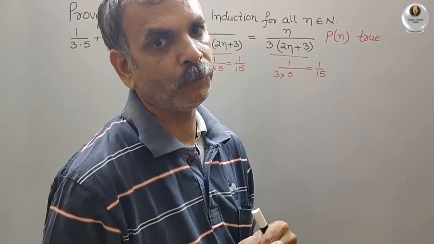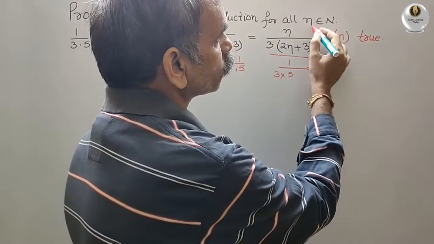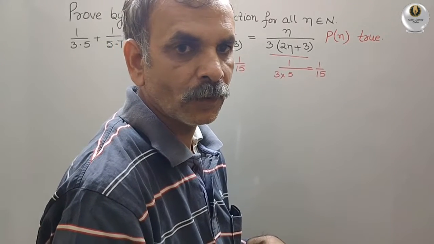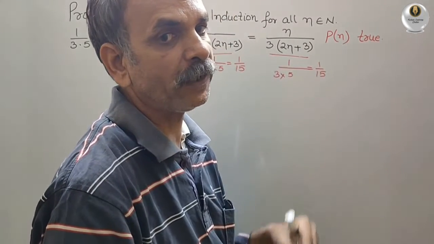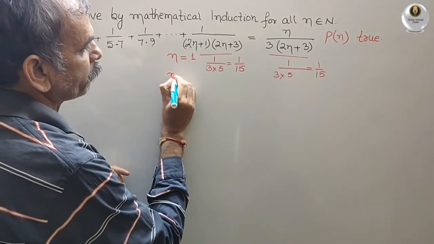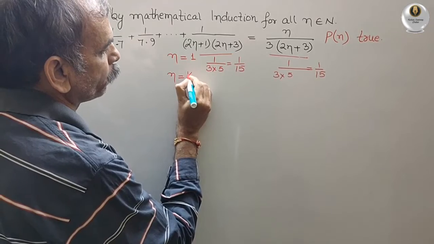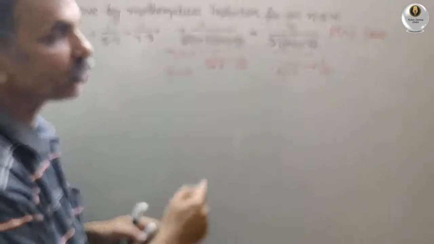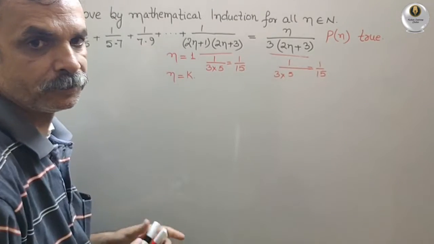Now we will assume that n is nothing but k, and k belongs to the natural numbers. Therefore here we will take n is equal to k. So your equation will get changed. Instead of n you will get k.